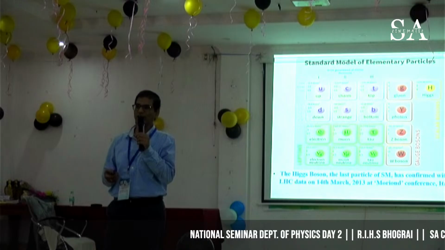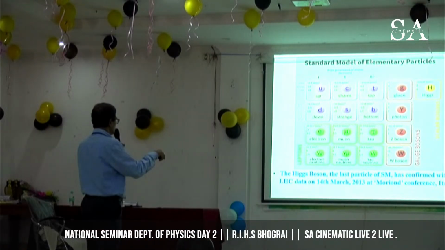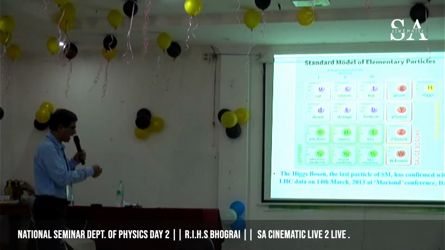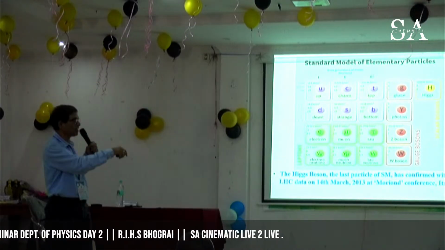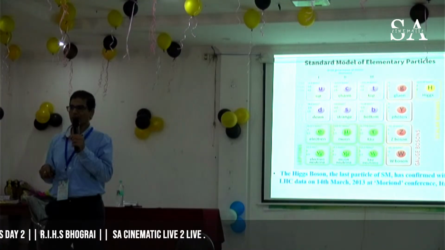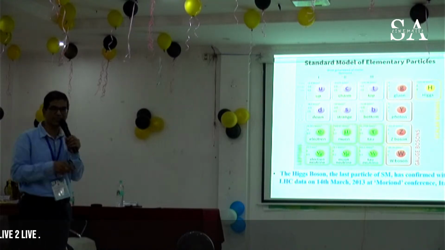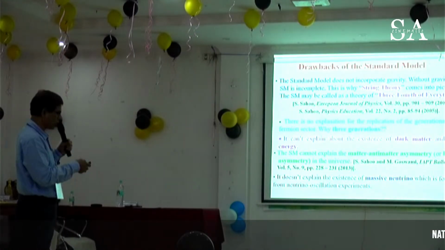But Higgs did not like that name. The Higgs boson is the last particle, and it has a special position in the periodic table of the Standard Model of elementary particles because it has some special properties. We are going to discuss some of these properties at that time.